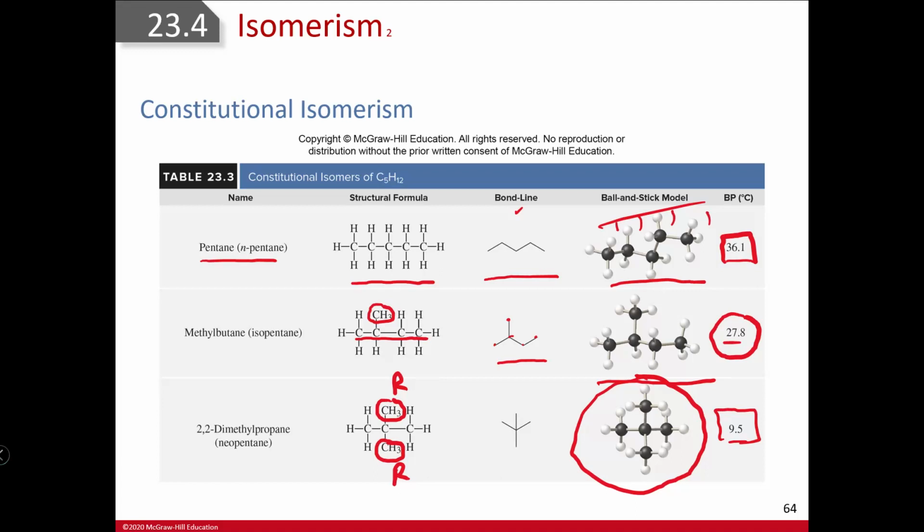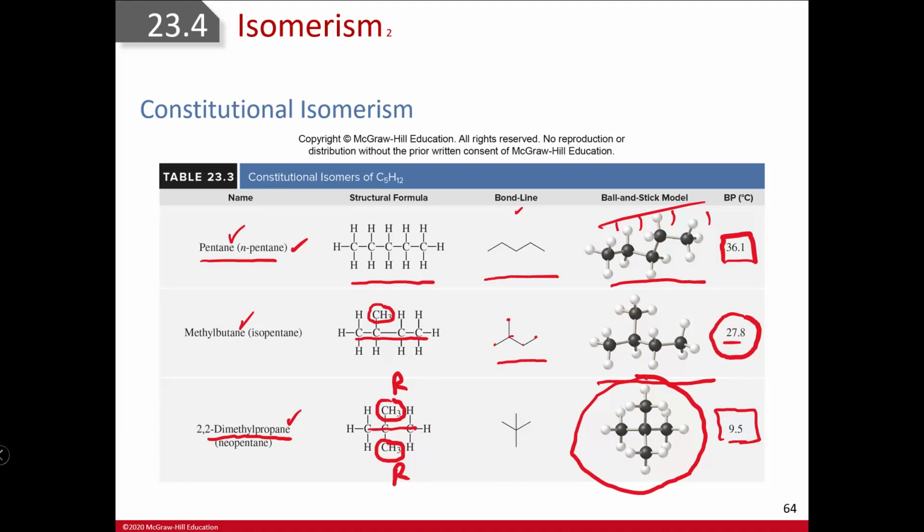This is called 2,2-dimethylpropane. Longest chain is 3 carbons. Again, I like these newer names, but it's up to the professor, what the preference is. And again, this one is called a lot of times n-pentane, which means normal pentane, which is a straight chain.